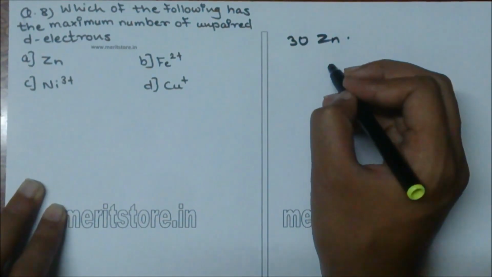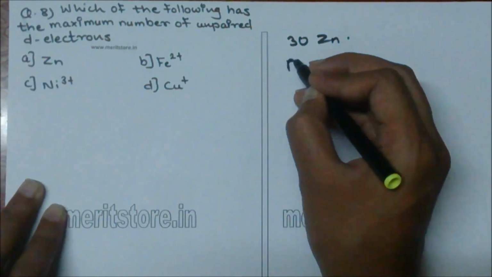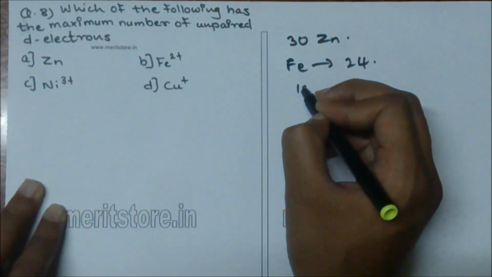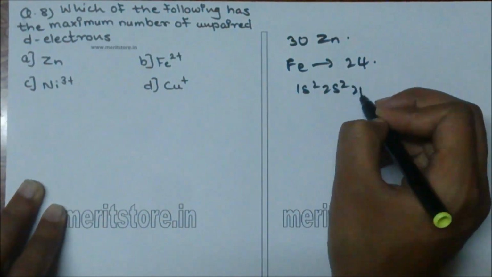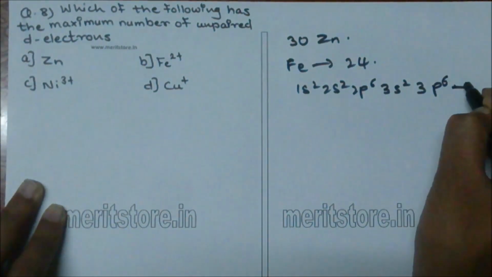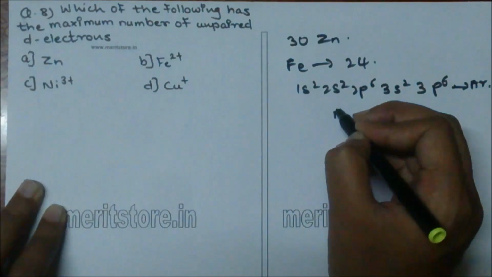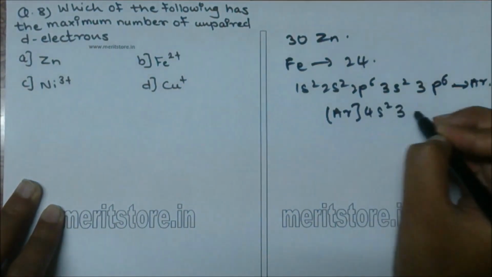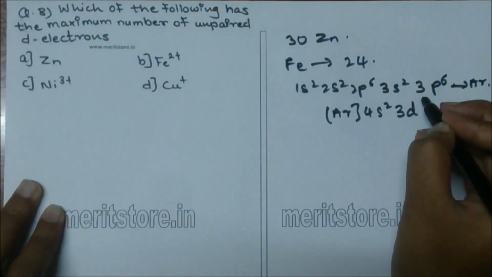So the electronic configuration of iron will be 1s2, 2s2, 2p6, 3s2, 3p6. This is argon, and then 4s2 and 3d6.